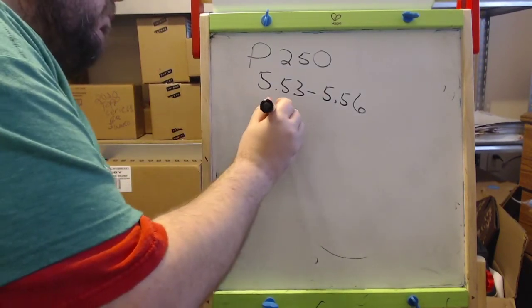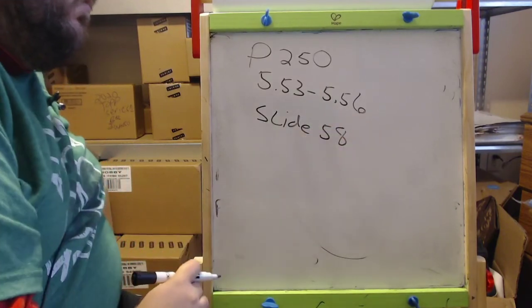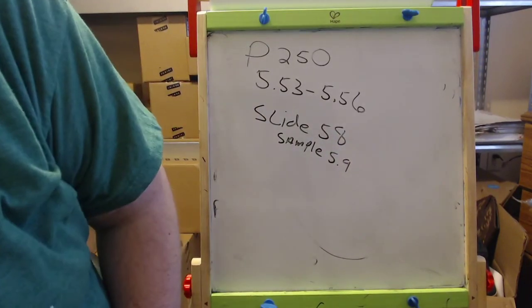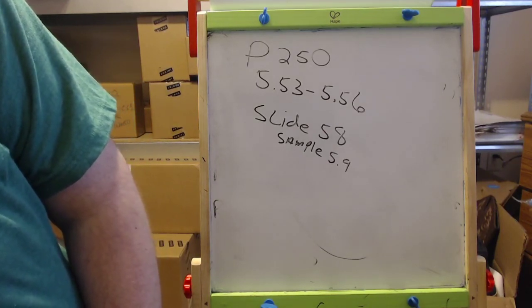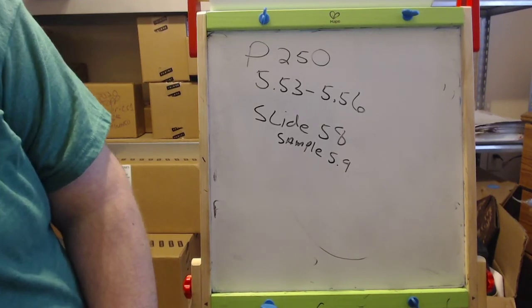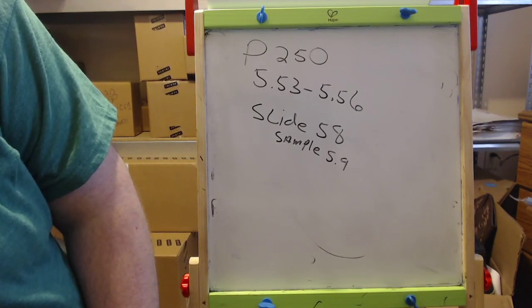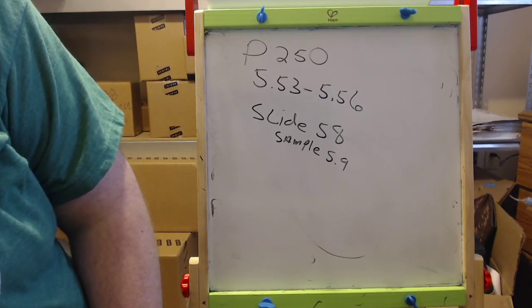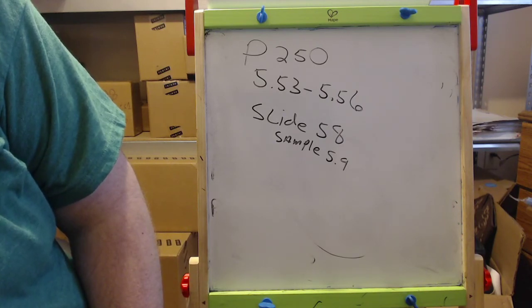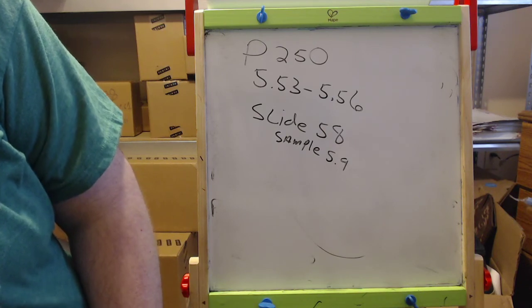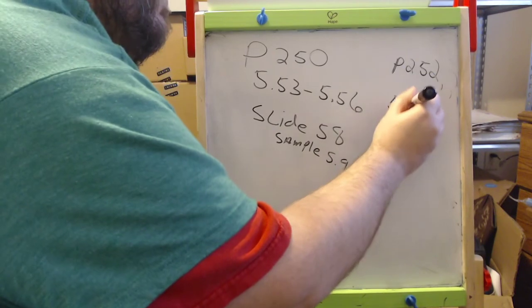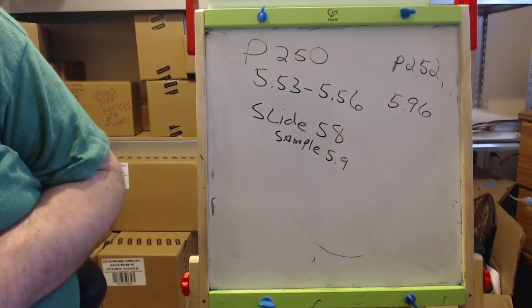Slide number 58, which is sample problem 5.9 that deals with Dalton's law of partial pressures. And 5.96 on page 252.